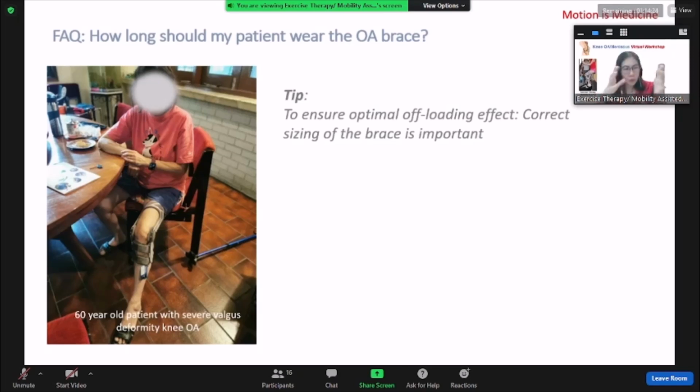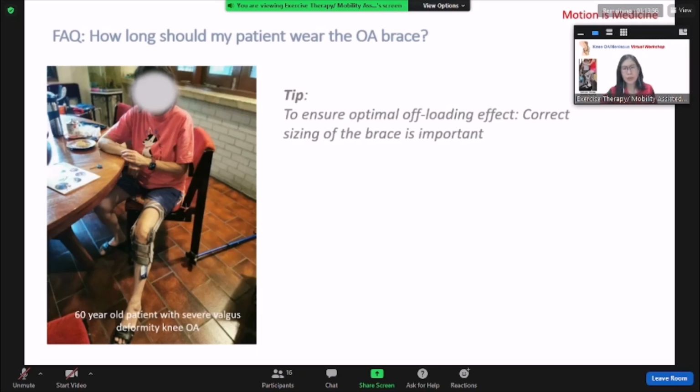Also, when it comes to the OA Nano, which is a rigid brace, the frame itself is malleable. So you can expand it a little bit or compress the frame to a certain extent to give it a better fit. Then that will help when you need to dial in the offloading effect on the knee.